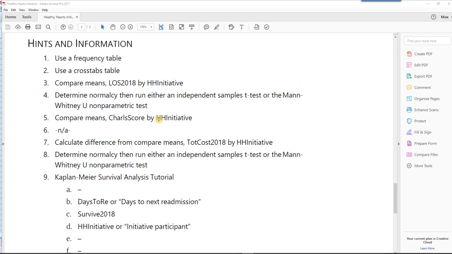So, as I mentioned, we have already looked at frequency tables, crosstabs, comparing means, determining normalcy, and the independent sample t-test and the Mann-Whitney-U non-parametric test last week, calculating differences from means, again, the Mann-Whitney-U. So this recording, again, is just going to cover the Kaplan-Meier survivability analysis.